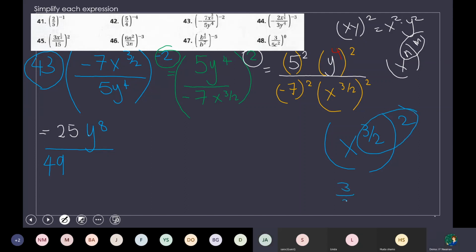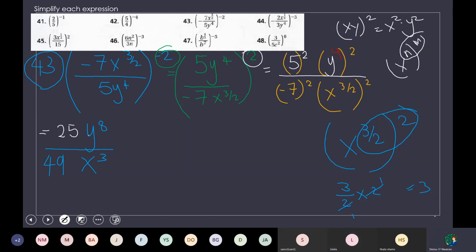Let's multiply 3 over 2 by 2. After you simplify, the answer is 3. So it will be x cubed, and this is now the simplest one. Is it clear now?